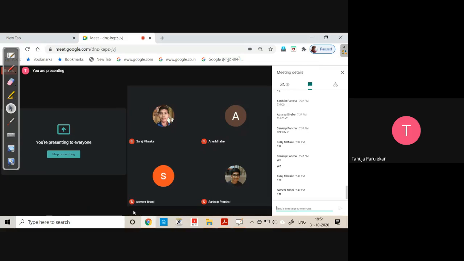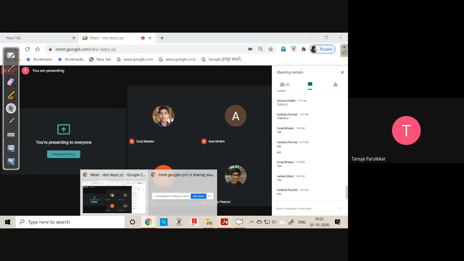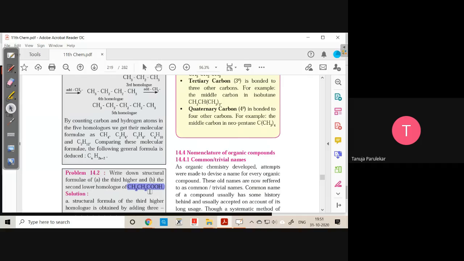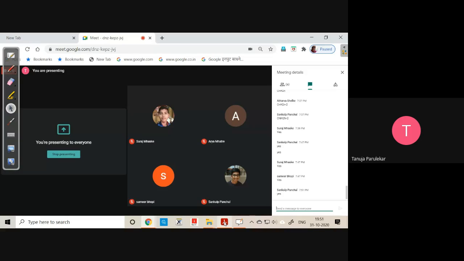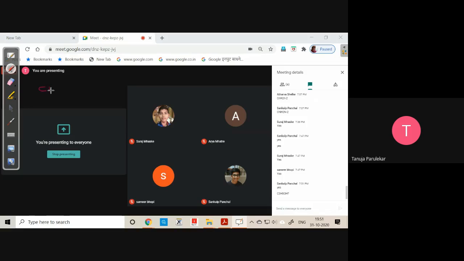You will be able to do it. They have given us a structure, one minute. It is CH3CH2COOH. Now you have to write down the structure of the third higher and the second lower homologue. What is it? This was CH3CH2COOH.